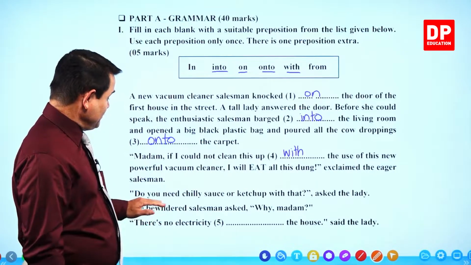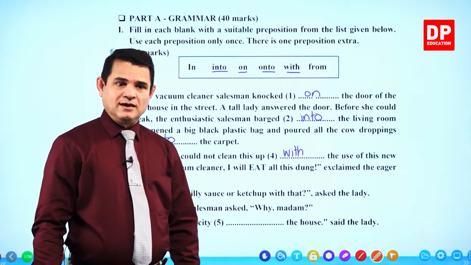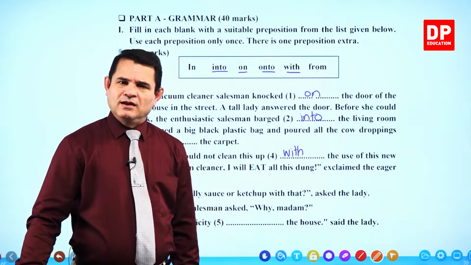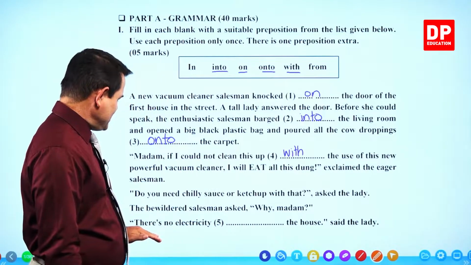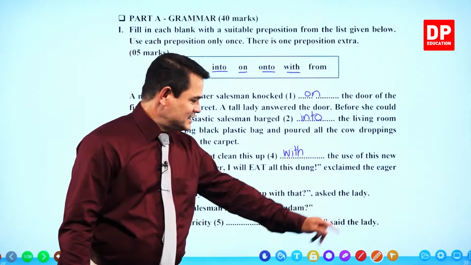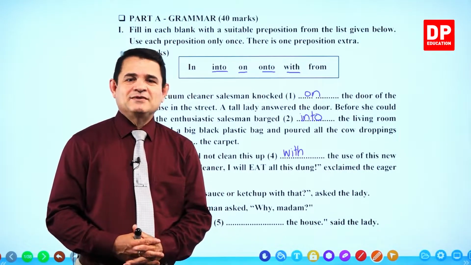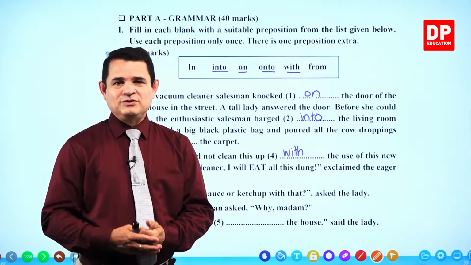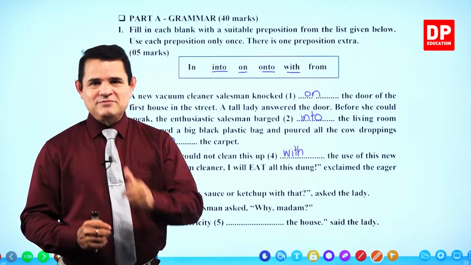Then the bewildered salesman asked, why madam? ඇයි එහෙම කියන්නේ? Then madam replied, there's no electricity, blank the house, said the lady. There is no electricity. විදුලිය නැහැ. විදුලි බලය තියෙන්න ඕනේ vacuum cleaner එක වැඩ කරන්න. එහෙනම් දැන් මෙයාට කන්නම වෙනවා.